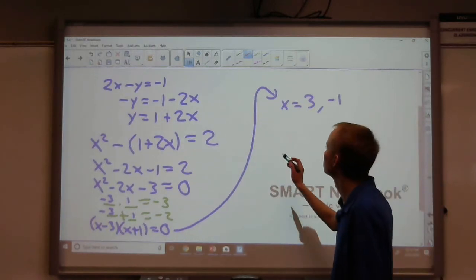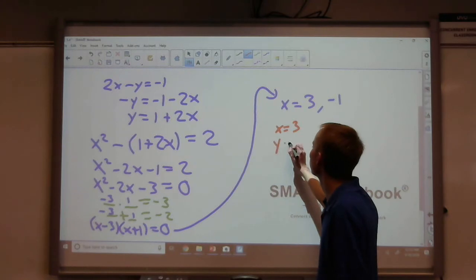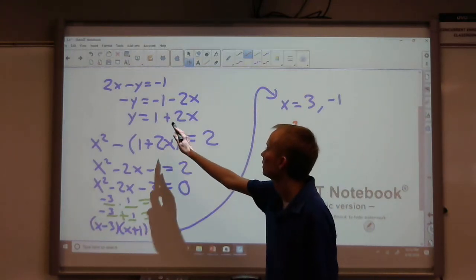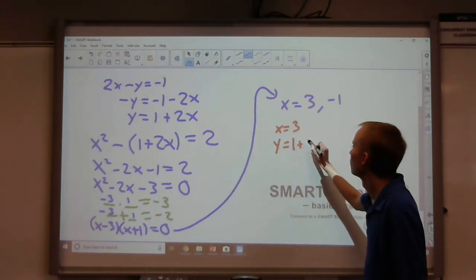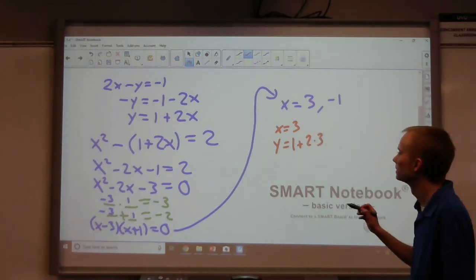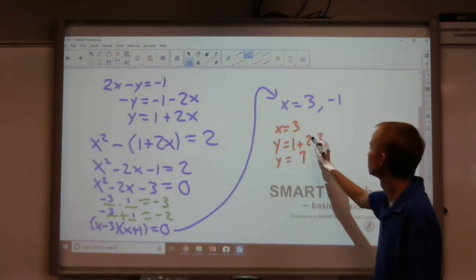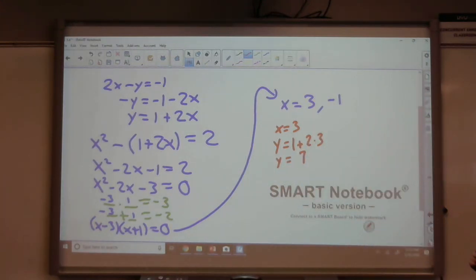When x equals 3, what is y going to be? I get 1 plus 2 times 3, which is 7, right? 6 plus 1 is 7.